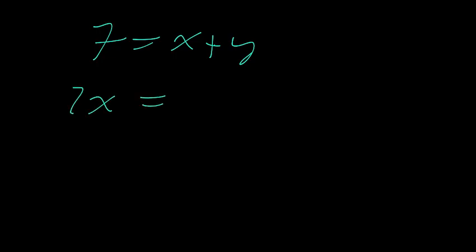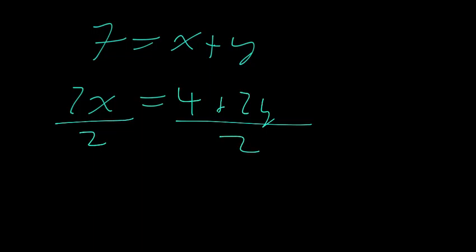Let's say that we're given 7 equals x plus y, and we have that 2x equals 4 plus 2y. First I'm going to solve for x by itself, and to do that I'm going to take the second equation and divide by 2 on both sides. Then we're going to have x equals 2 plus y.